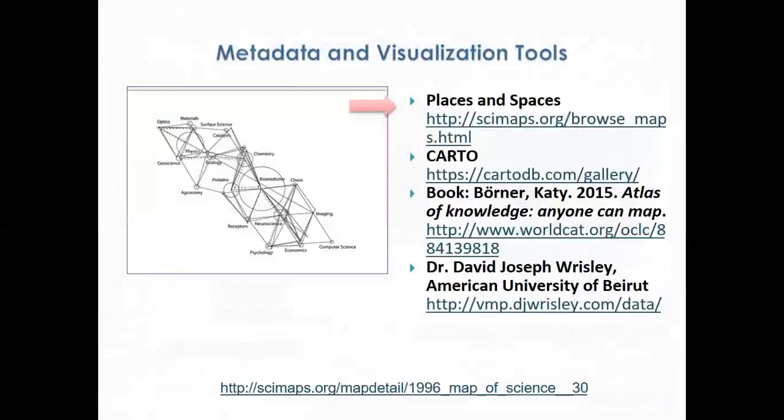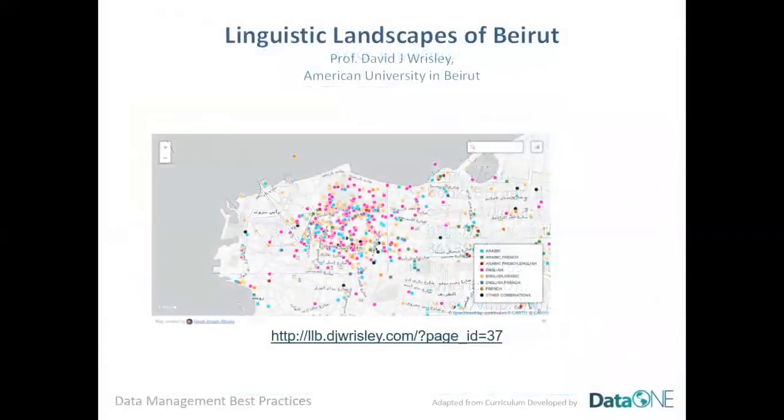There's also a book by Katy Börner based on the Places and Spaces at the Smithsonian. Another example I have is by my colleague, Dr. David Joseph Wrisley. He's an associate professor of English at the American University of Beirut. He created a project on the linguistic landscape of Beirut because in Lebanon, people use different languages.